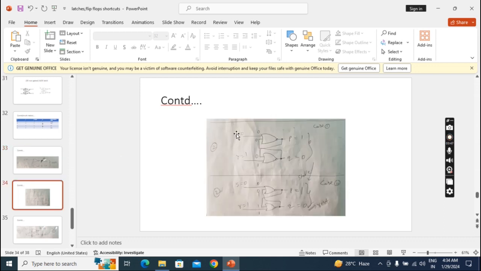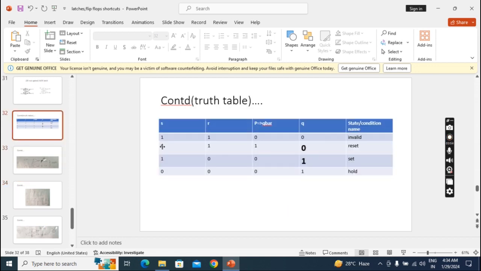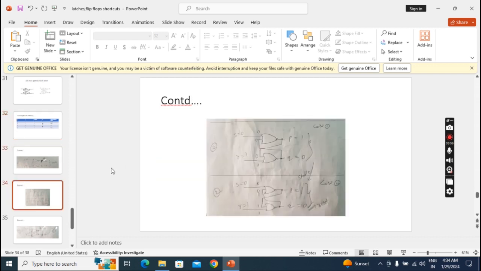Then coming to the second condition, S equal to 0, R equal to 1. Here I have started immediately with S equal to 0, R equal to 1. Observe this. Initially, in the first case I am getting Q bar 1, Q 0. Then when I feed back with the same input maintained, I am getting Q bar 1, Q 0. So it is stable output, and I am taking this as the final output.